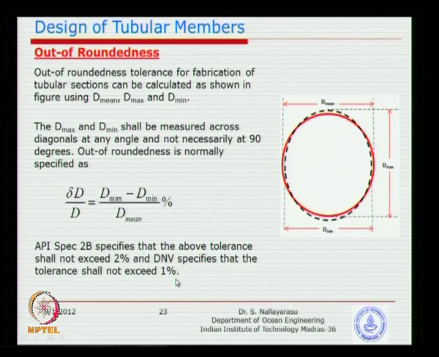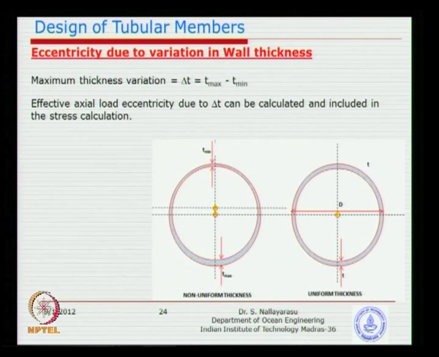So, you can see that such deviations are also allowed. We call it out-of-roundness. You wanted a circular section, but it is slightly deviated. And also variation in thickness. You see here, this is another cause of worry, because when the plates are received from the mill, you expect the plate thickness to be very uniform throughout the length and width.